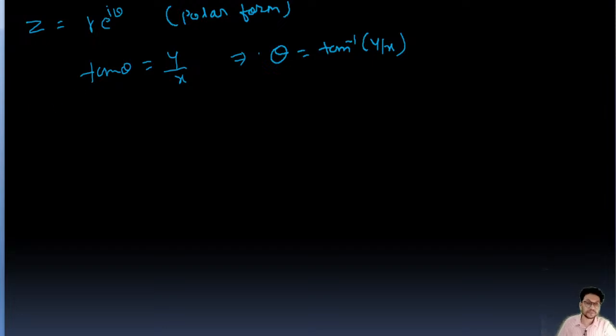Now mod z minus 0 equal to r, or we can write mod z equal to r. This means a circle of radius r. We know it, but I'm just writing it.